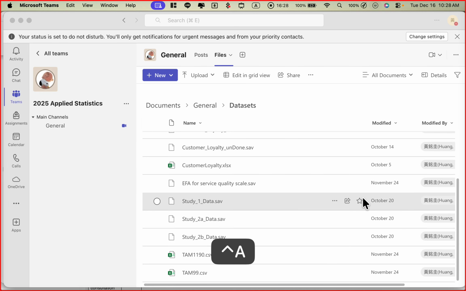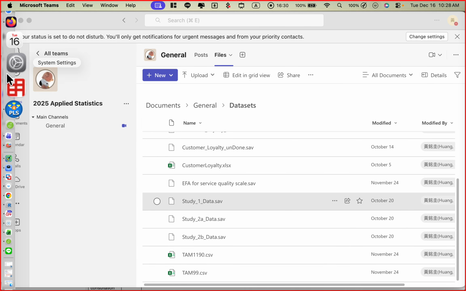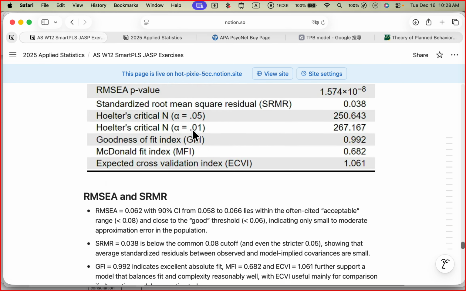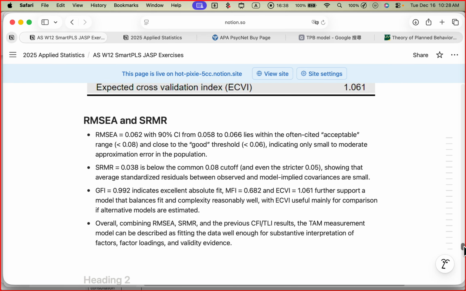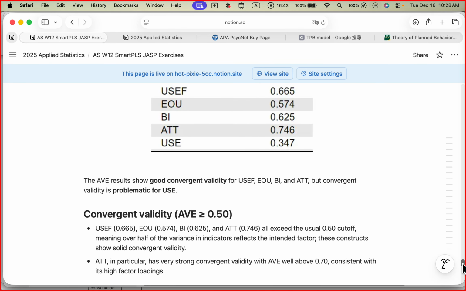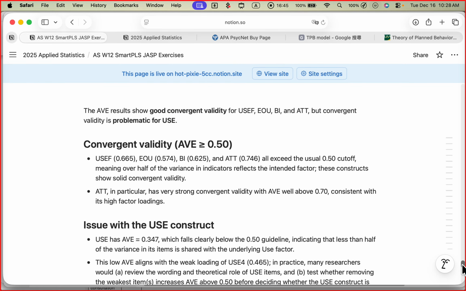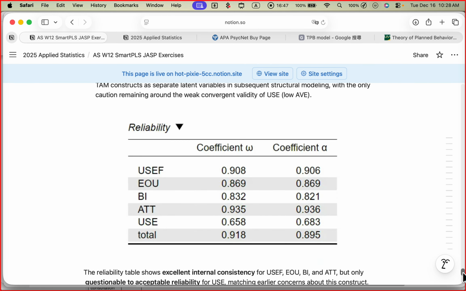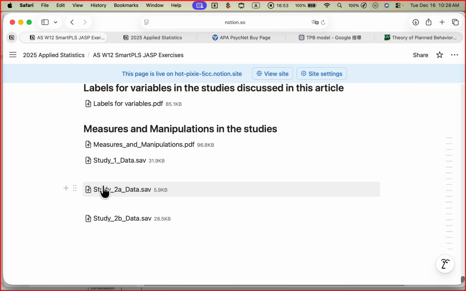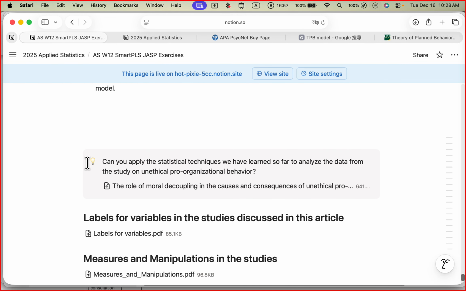Okay, Study 1. And you can check the material again. You can find the Study 1 data set here, measure manipulation in the study.